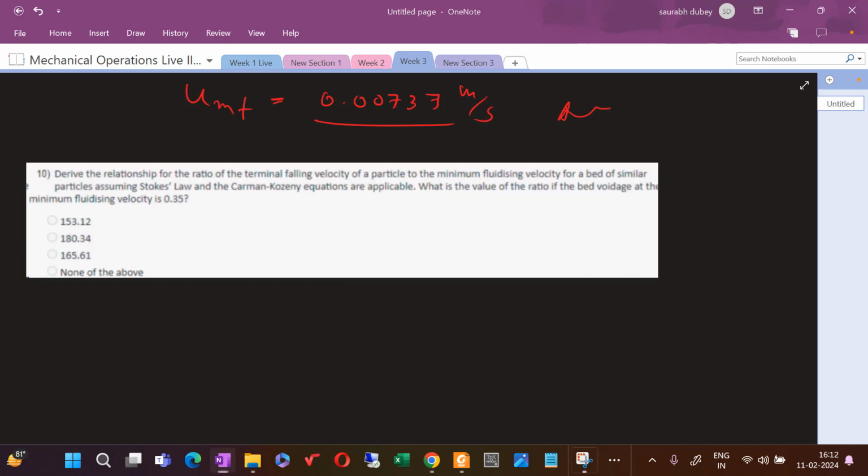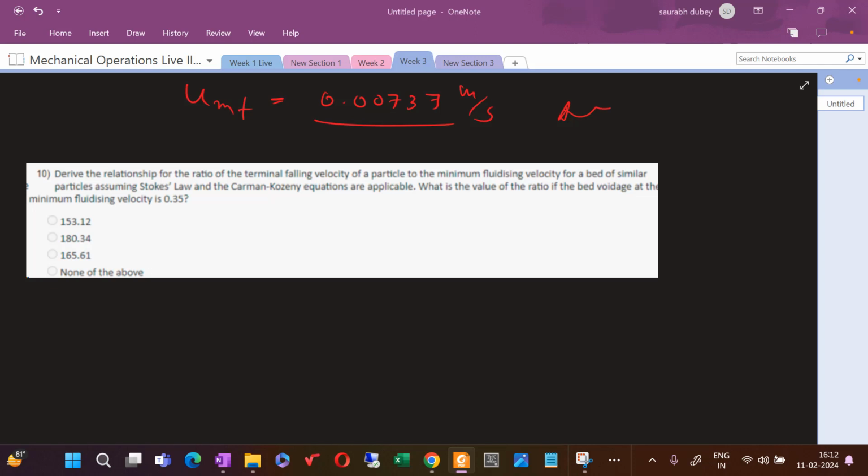Yes, so you solve this. Derive the relationship for the ratio of the terminal falling velocity of a particle to the minimum fluidizing velocity for a bed of similar particles, assuming Stokes law and the Carman-Kozeny equation are applicable.